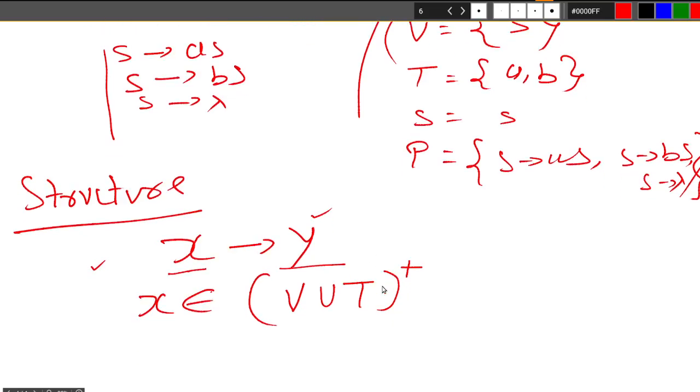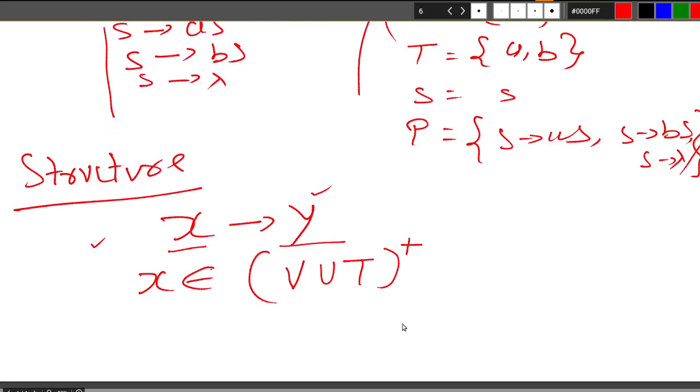X is an element of something. On the left hand side, we can have the variables as well as terminals. Combinations of these are also possible. However, here I have written the plus symbol, which means it cannot be lambda. On the left hand side, we cannot have lambda.